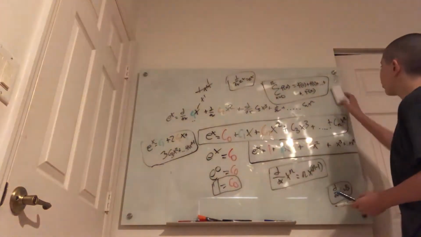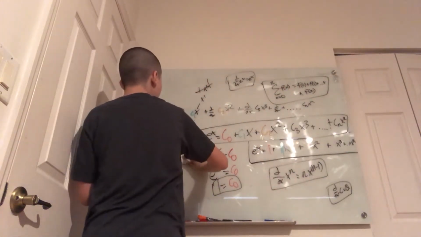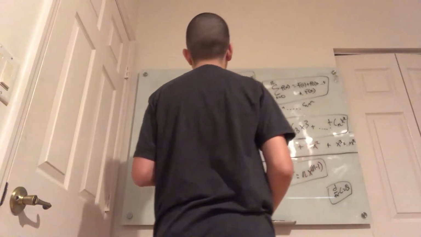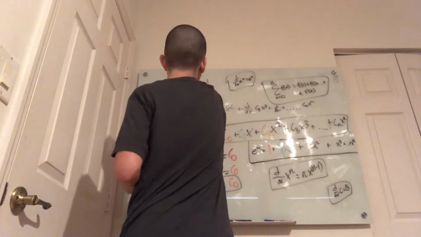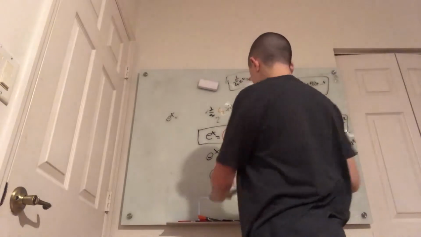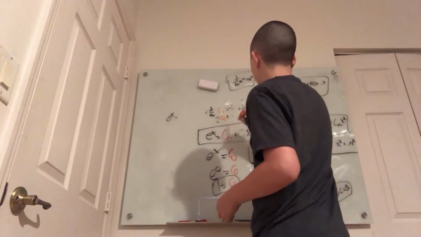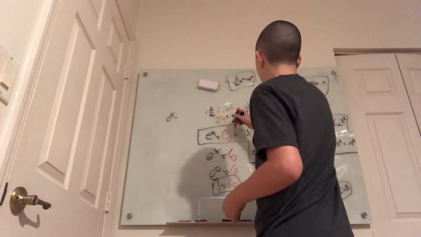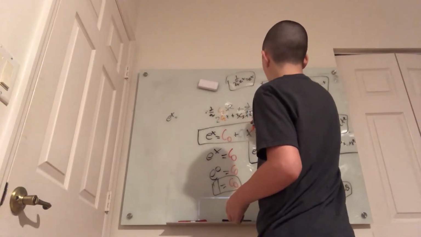So now, if we find the derivative of this whole thing, this is getting way too dark. If we find the derivative, much better, of the whole thing again, a constant's going to cancel out. This constant will cancel out, so this is 2c2 times x, plus 3c3x squared, and so on.